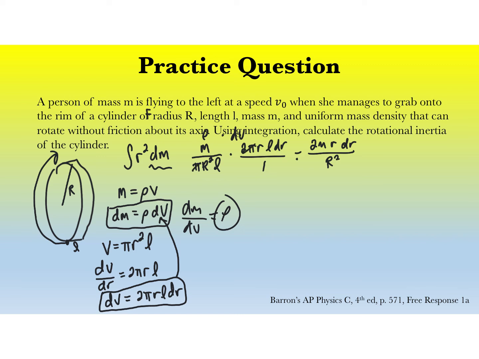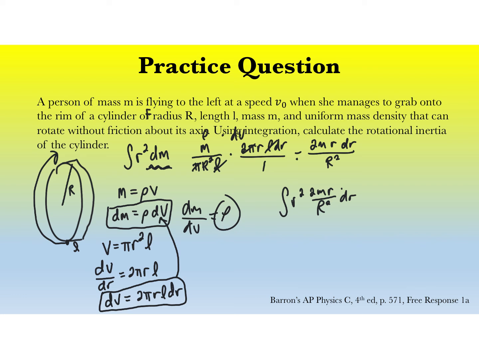I cancelled out a pi on the top and bottom and an L on the top and bottom. So now this is our dm, and we can plug it into our integral, the integral of r squared times 2M r over big R squared dr. Now you'll notice that we have an integral that is just in terms of that radius r.